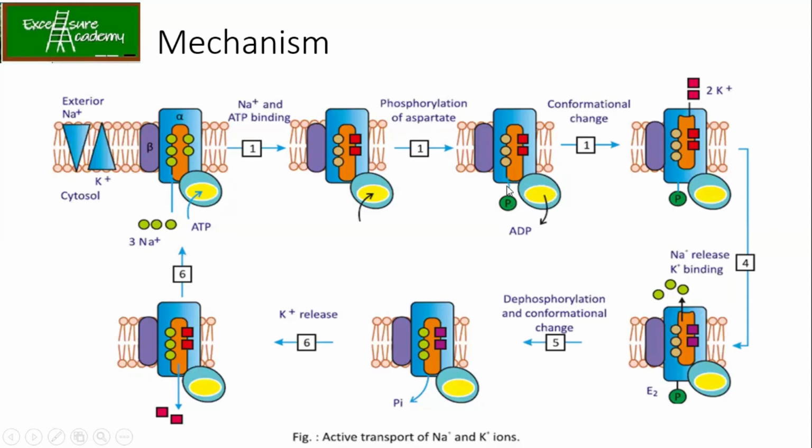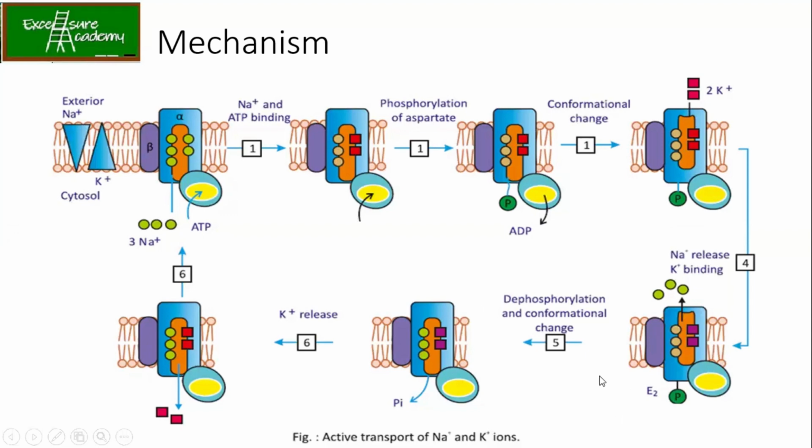So phosphorylation had happened, and there is a conformational change. At that time, 2 K plus is coming and binding, and Na plus is getting released. Now, dephosphorylation is happening.